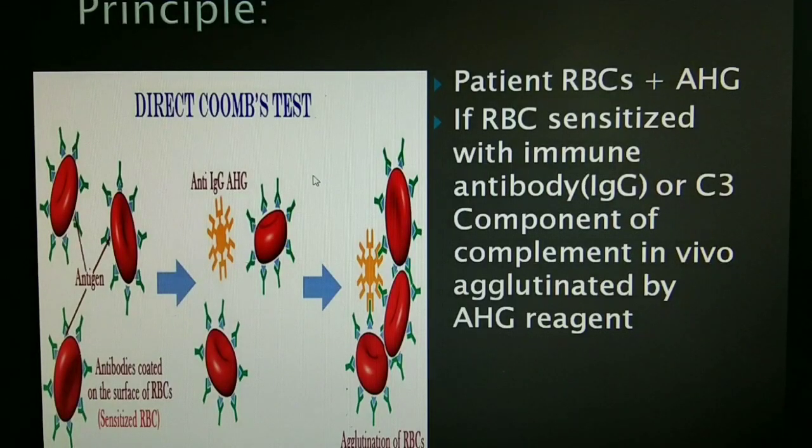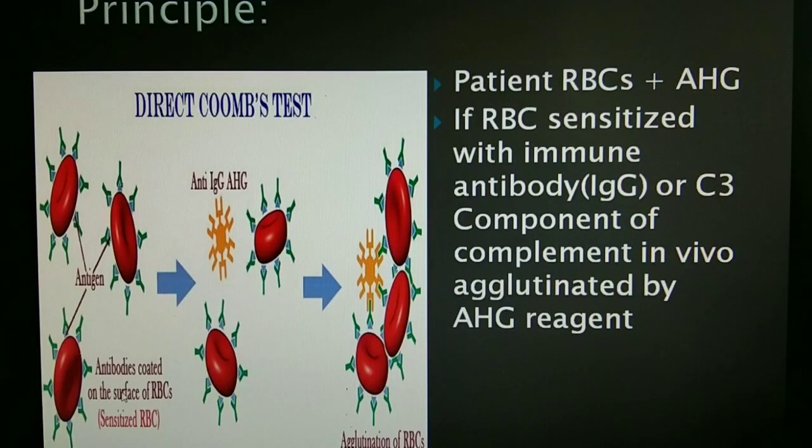Coming to the principle, patient RBCs are washed to remove free plasma protein and directly mixed with anti-human globulin reagent. If the RBC is sensitized with immune antibody, IgG or C3 component of complement in vivo, it will be agglutinated by anti-human globulin reagent.